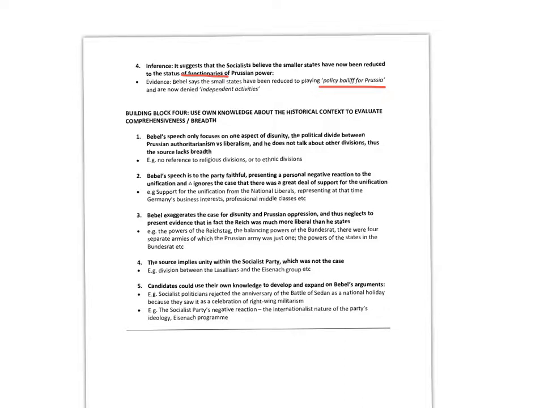At that point, many candidates just think, I've ticked all the boxes, and I can move on to my conclusion. I think it's really important that you address one more part of the inquiry, which is about the historical context, again, to evaluate comprehensiveness and depth.